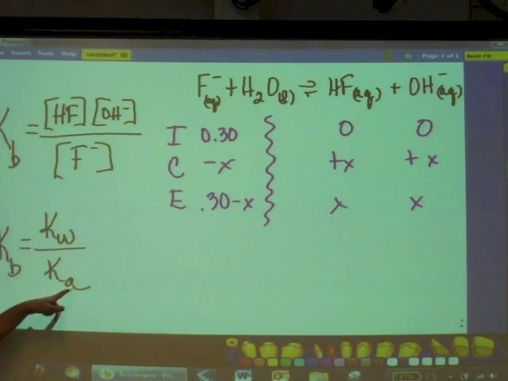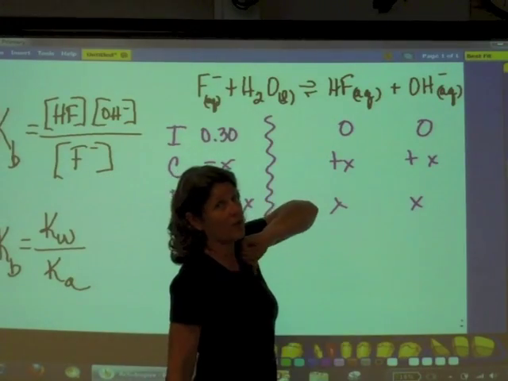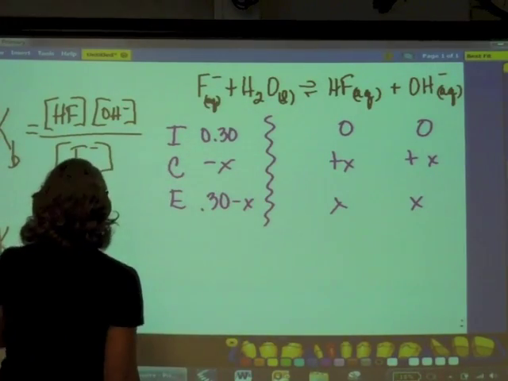The Ka of a weak acid multiplied by the Kb of its conjugate base always gives you Kw, and vice versa. So if we're given Ka and we know Kw, we can calculate the Kb for the conjugate base of that weak acid.